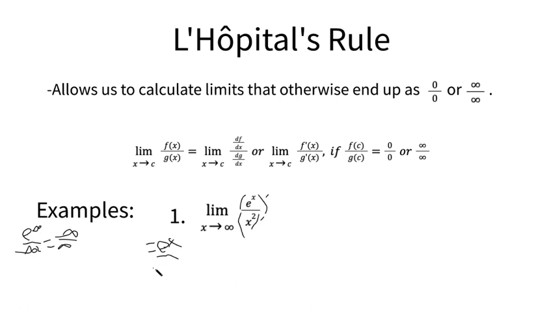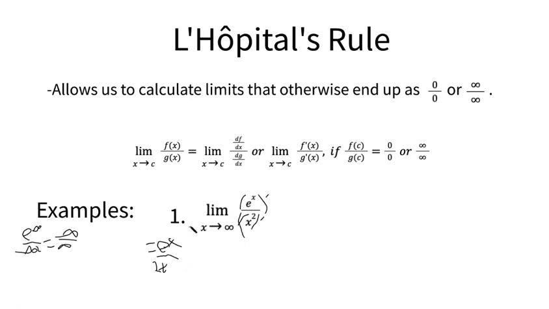Okay, x squared prime: the 2 would come down because of the power rule, and then 2 minus 1 is 1. So we'd be left with 2x to the 1, which is just 2x. And we have e to the x over 2x.